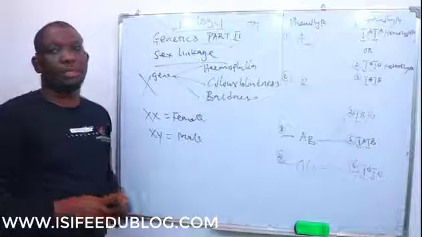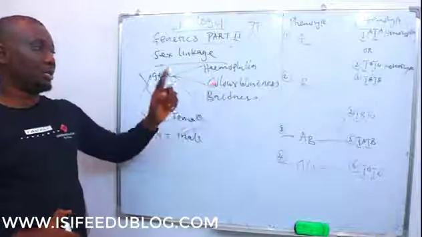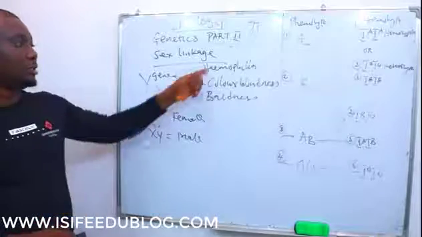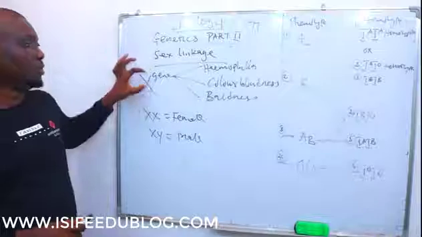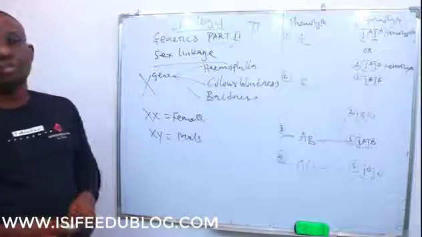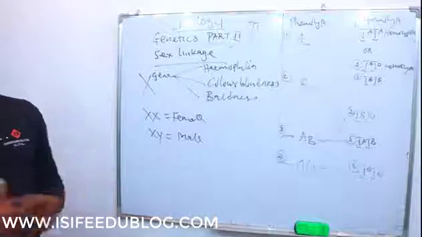So when we talk about sex linkage, the examples are hemophilia, color blindness, and baldness. These inheritances are located on the X chromosome of humans, and therefore they are said to be sex-linked traits.